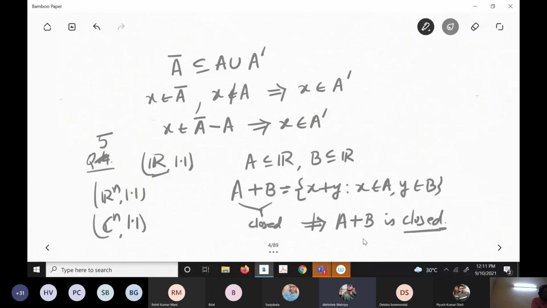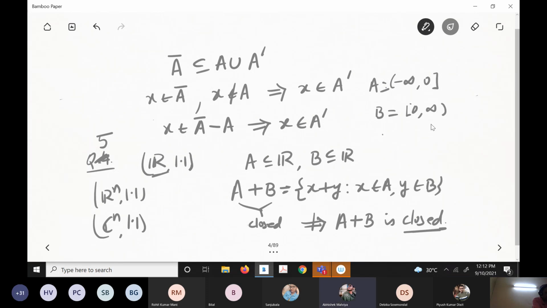On the other hand, take A as 0 to infinity and B as minus infinity to 0, both closed. Then A plus B is coming the whole R, that is closed.